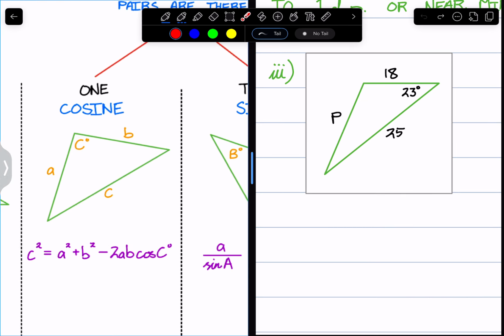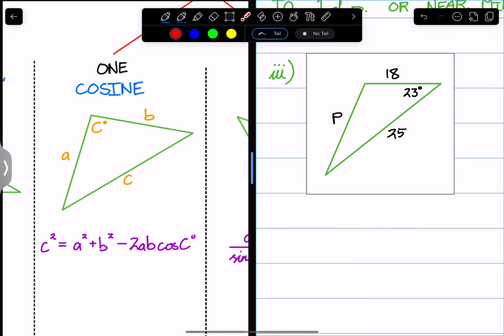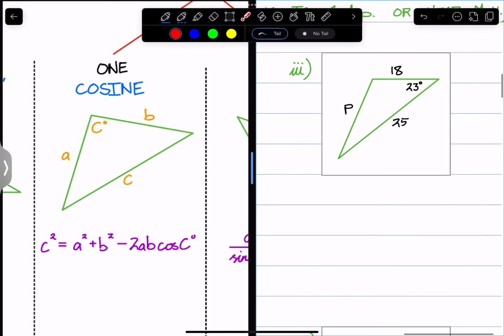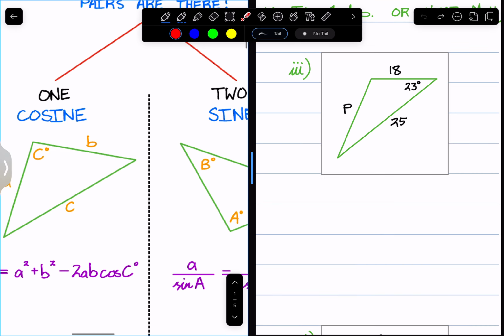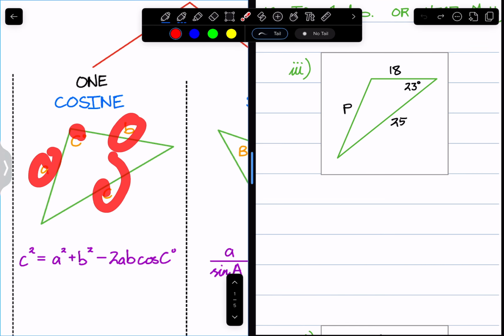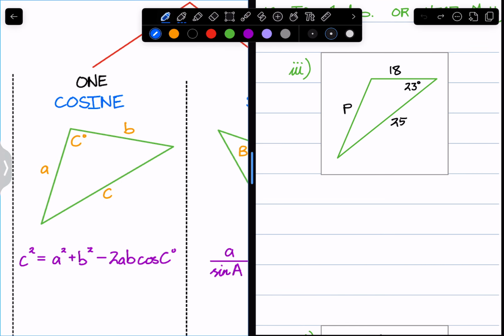So this will be the cosine rule. So applying the cosine rule now, it's just a matter of, if we remember how to use this formula, figuring out where these letters belong in our formula here.